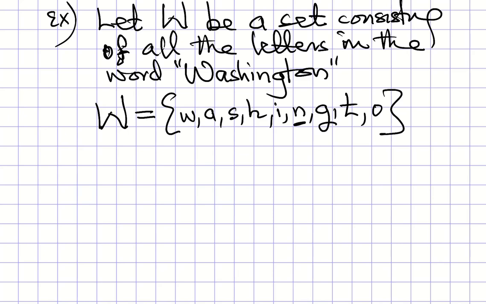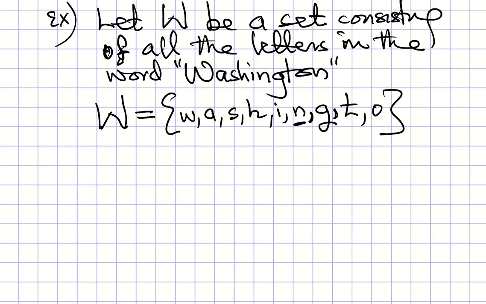You don't write it again because a set contains elements that are distinct. In other words, they are different. You can't repeat 1 or 2. You can't write 2 twice. You can't write N twice, right?